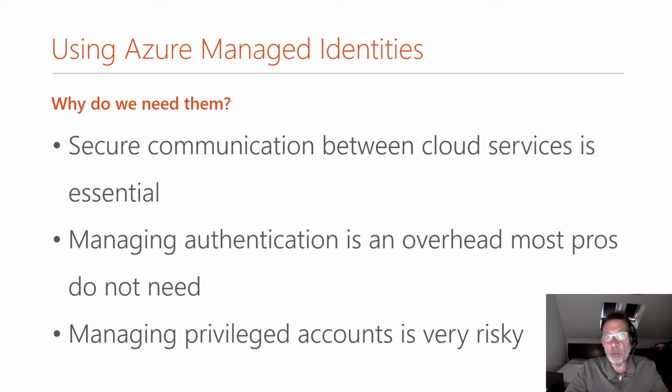Or you might have usernames and passwords that are passed between staff because they need to do something urgently. There's obviously a huge risk with that, and managed identities, and indeed service principals, allow us to get around those sorts of problems, which is fantastic.